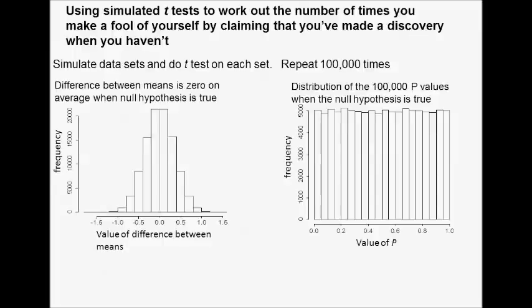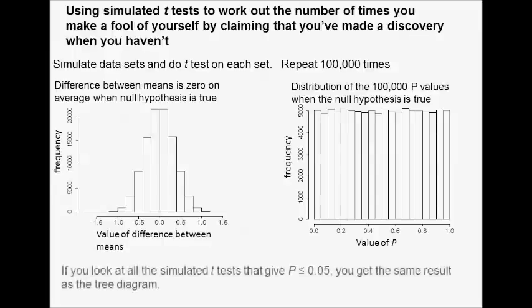So what we find if we combine values from the case where the null hypothesis is true with ones where it isn't, in the proportion dictated by the prevalence, is that we get from this approach exactly the same answer as we get from the tree diagram.